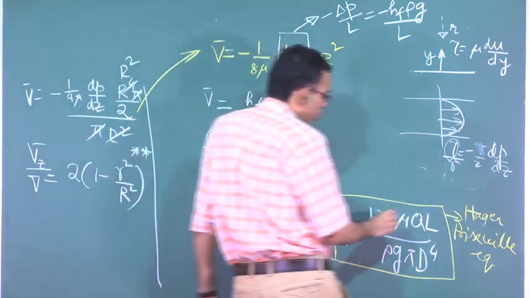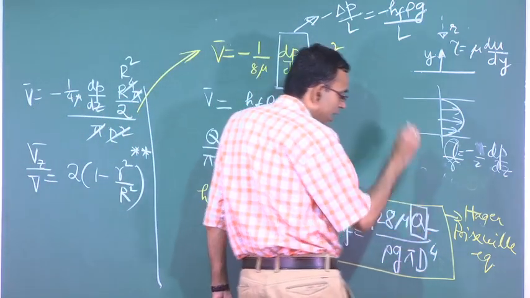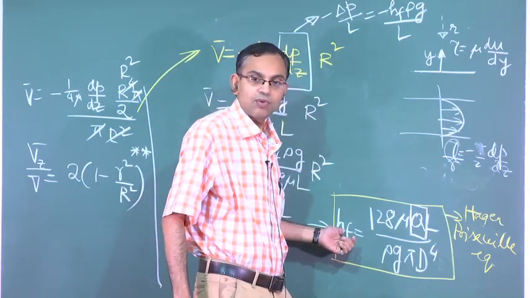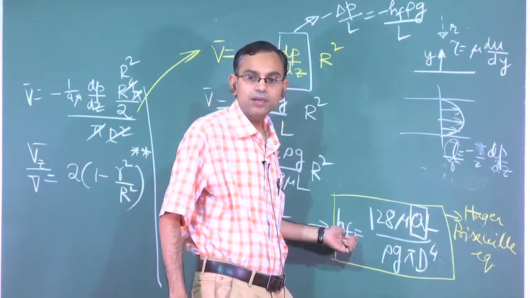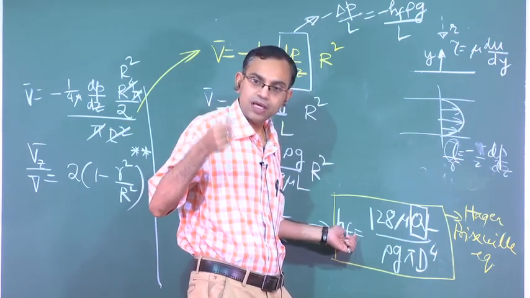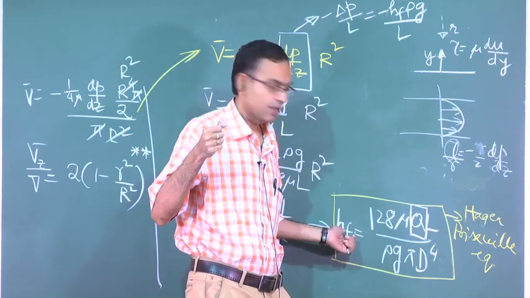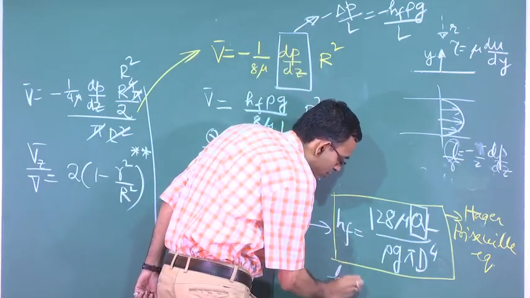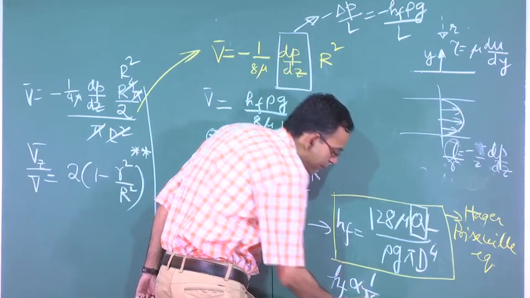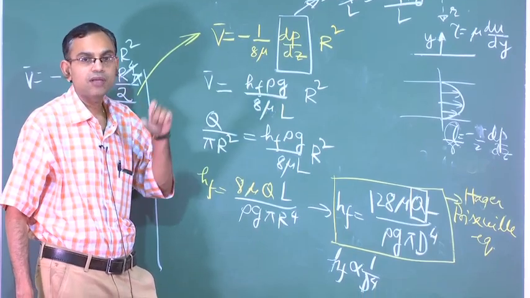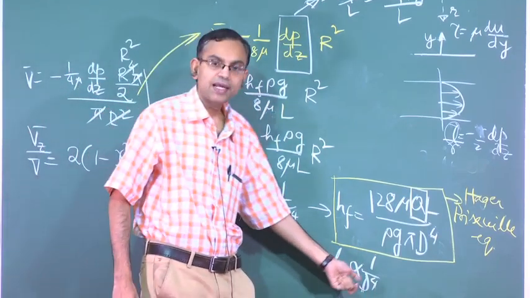If we want to maintain a particular flow rate in a pipe, then the head loss is important, because to overcome this loss you have to give pumping power as input. So, more the loss, more will be the pumping power. So, the head loss is proportional to the 4th power of the hydraulic diameter, or the diameter of the pipe in this case. Hydraulic diameter is an effective diameter, but for a pipe it is the diameter itself.